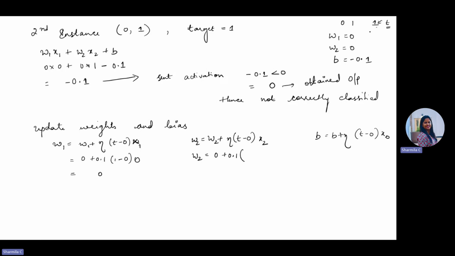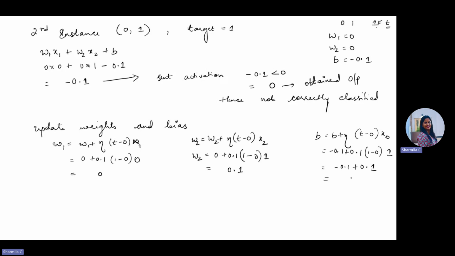W2 equals 0 plus 0.1, the target output is 1, and the obtained output is 0, into X2, which is 1. So what is the answer I'll be getting? It is 0.1. Bias is minus 0.1 plus 0.1 times (1 minus 0) into 1, which is equal to minus 0.1 plus 0.1.